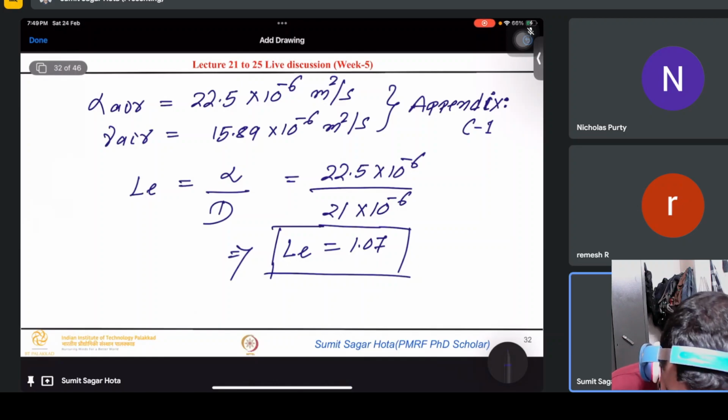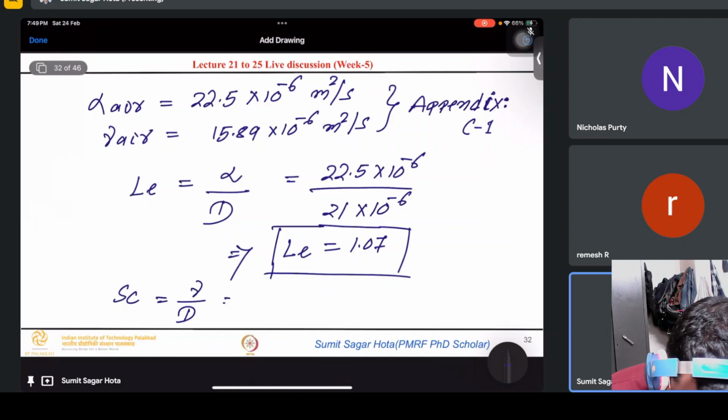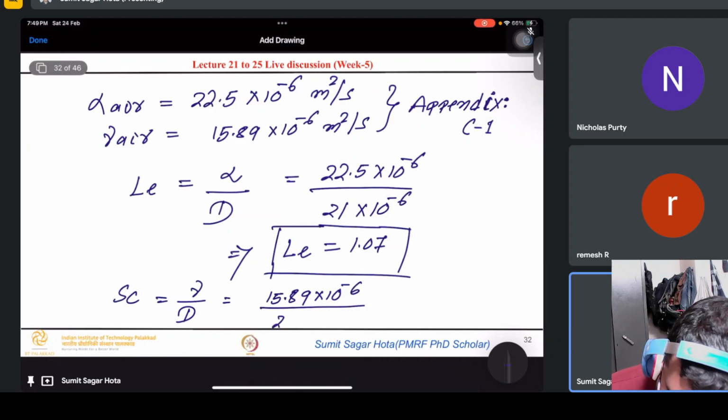For a non-premixed flame, you can find the Schmidt number as nu by D, 15.89 over D. This kind of question is very easily asked in your exam. They just give all these values, alpha, nu, and then they will ask you the value of Lewis number, the value of Schmidt number, Prandtl number, all these kinds.